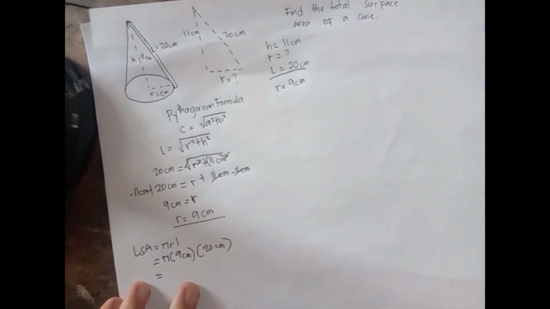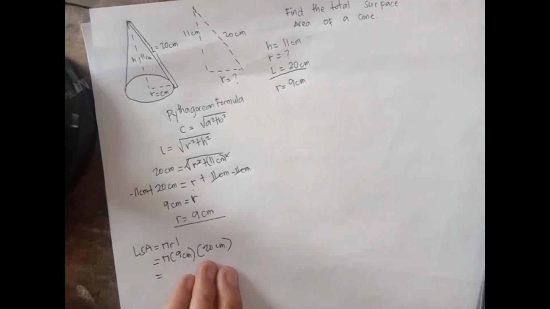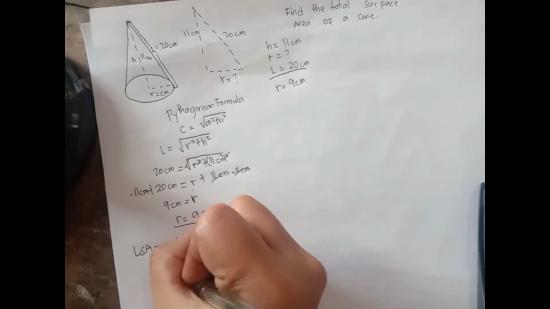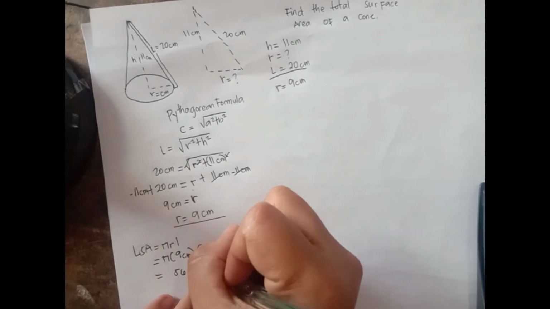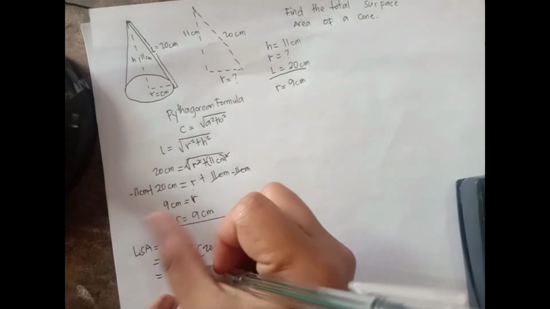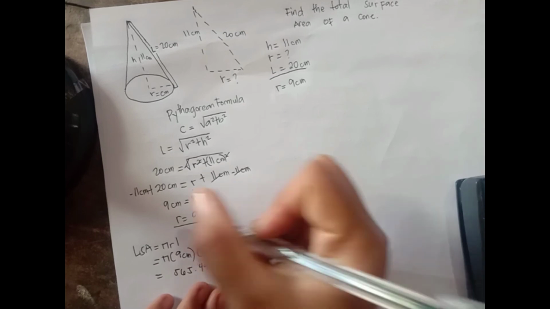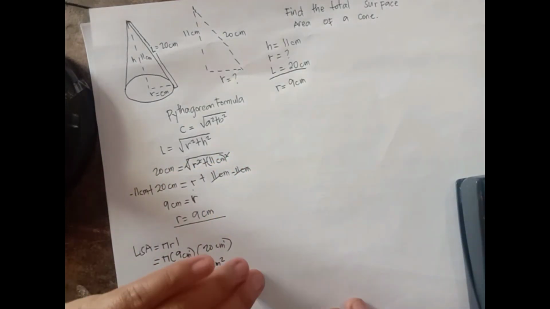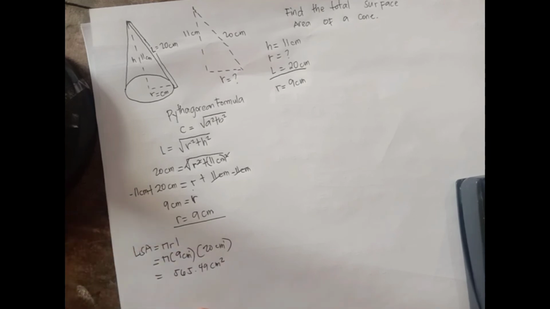Next, i-simplify natin. So pi multiply to 9 times 20 is equals to 565.49 centimeters squared. Okay?